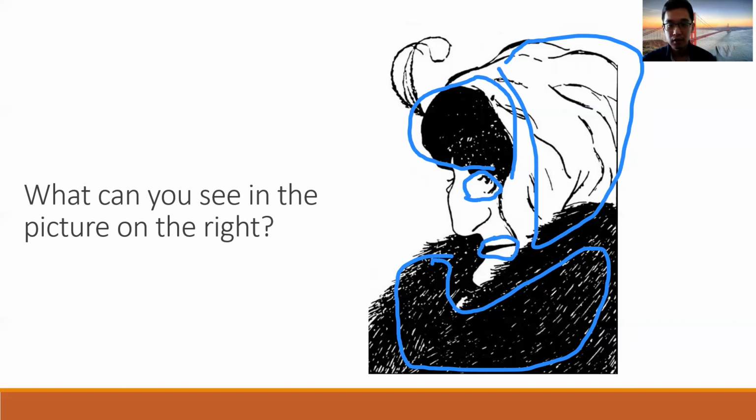This part is not a lace. It's her mouth. That's the mouth. And this part is a nose. Nose. Can you see it? So here is the mouth, and here is the nose, and here is the eye. So the lady is looking in this direction.